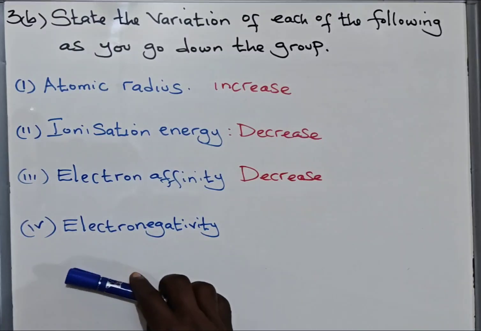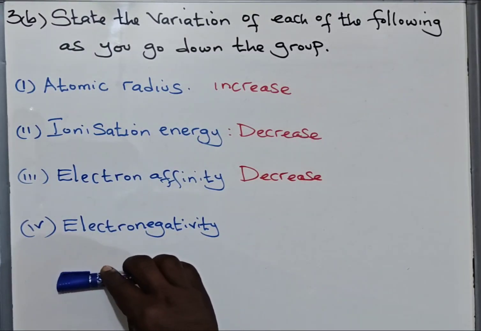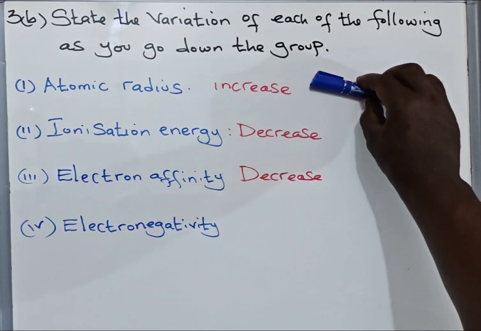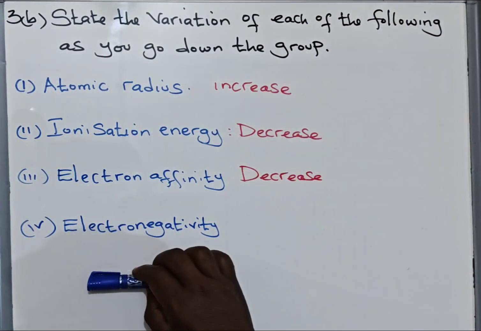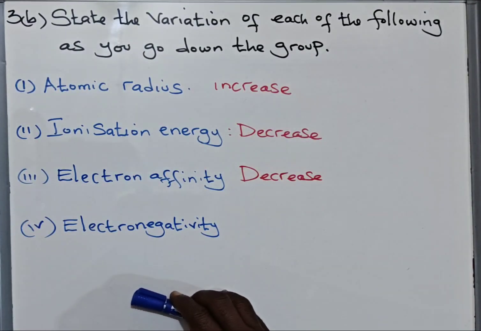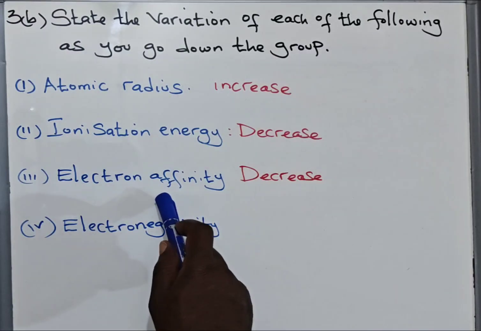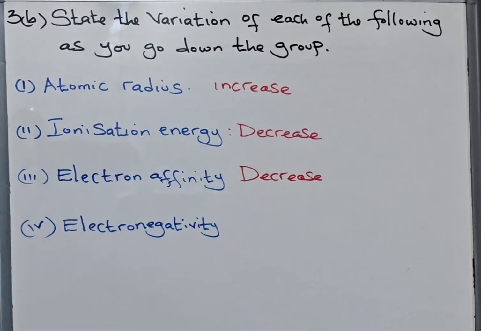Then we come to this one, electronegativity. What is the variation of electronegativity as you go down the group? Electronegativity is very closely related to the electron affinity. Both are the love for electrons.